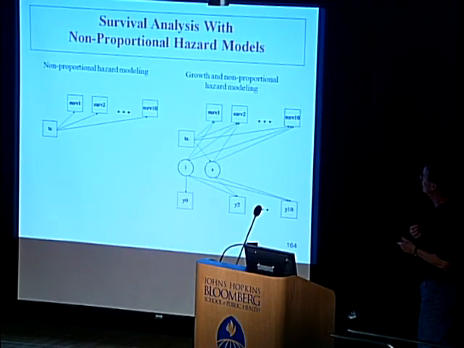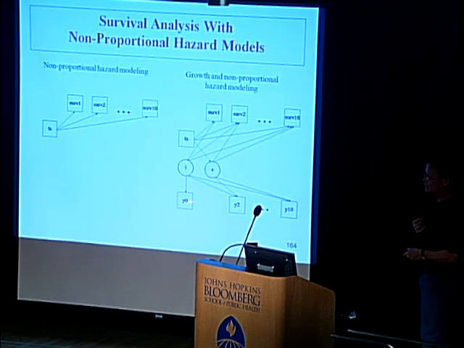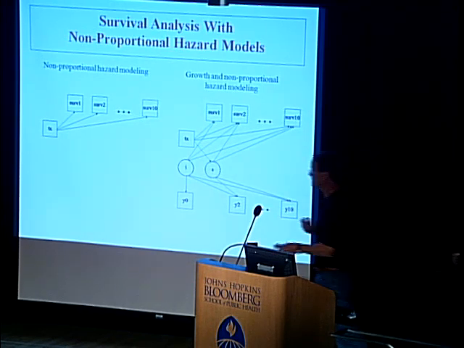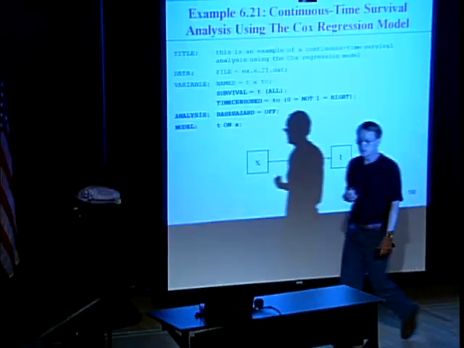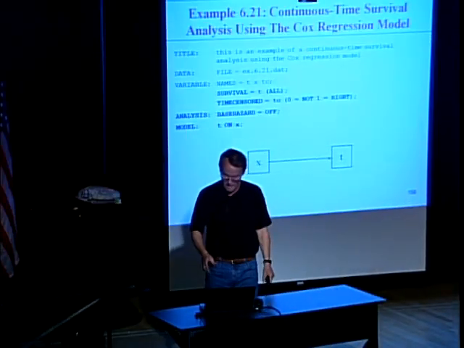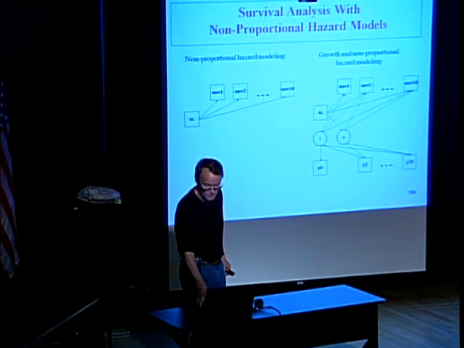Here is one of the final models we considered, growth and non-proportional hazard modeling. The survival model here is augmented with a growth model for Y, where the Y's are the patient-reported outcomes, the so-called quality of life score that the individual has.